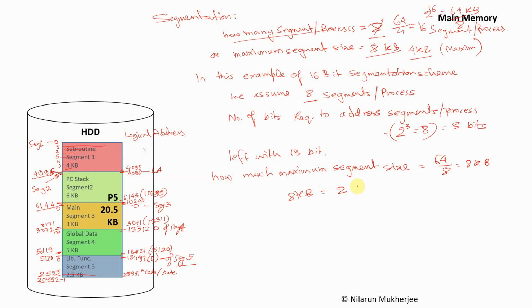Now 8 KB is 2 to the power of 10 and 2 to the power of 3. So we have 13 bits required to address a code or data in a segment.